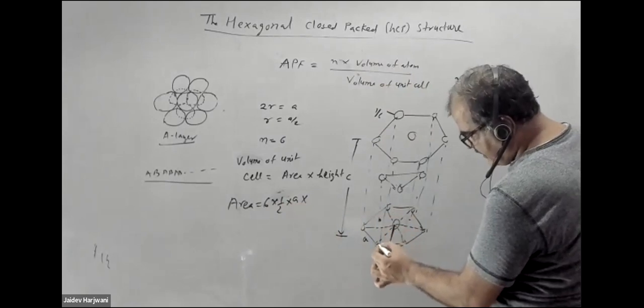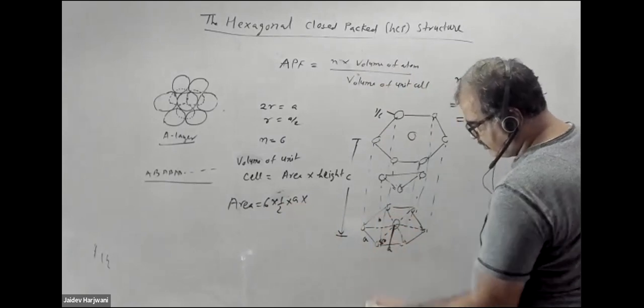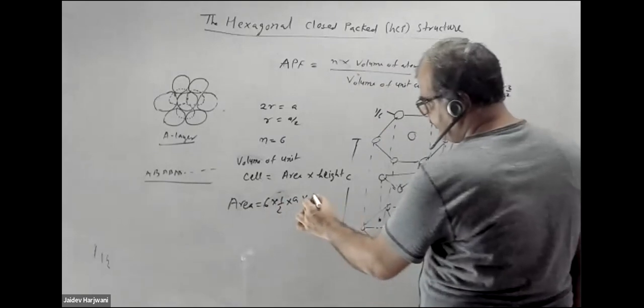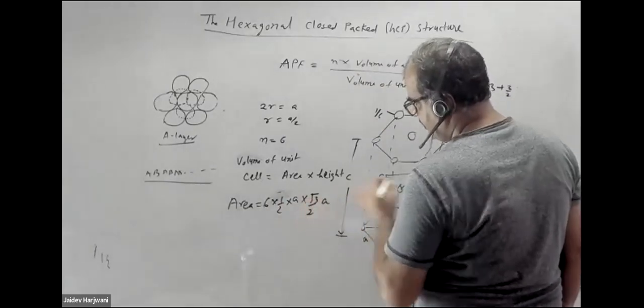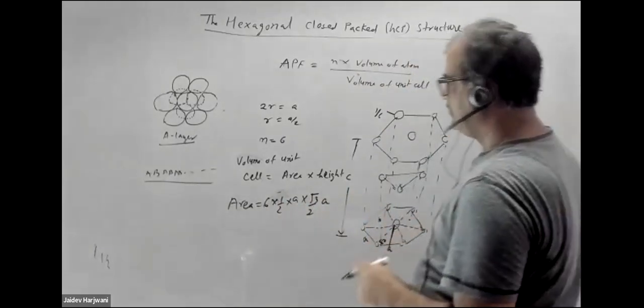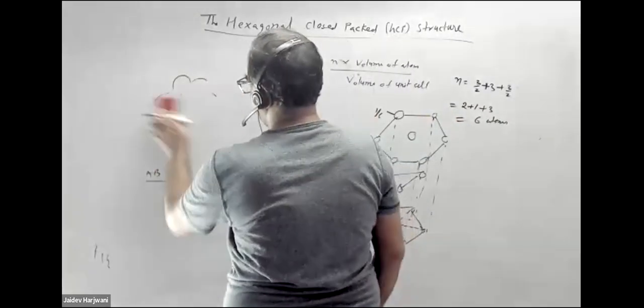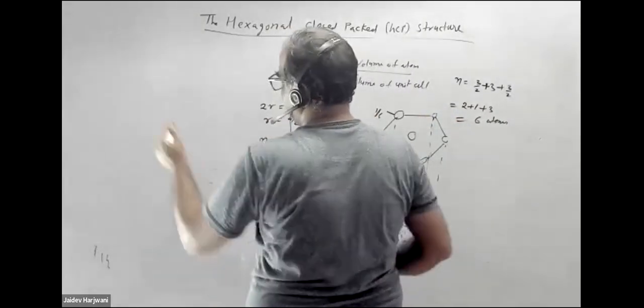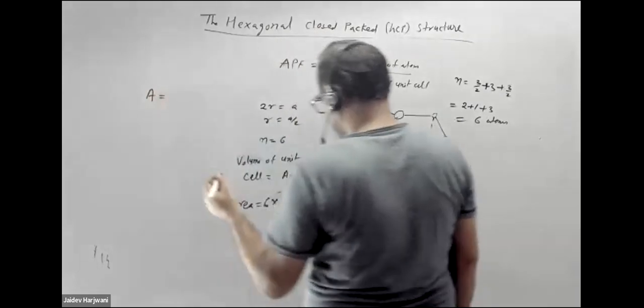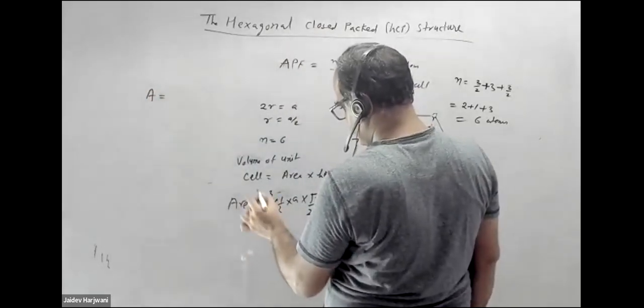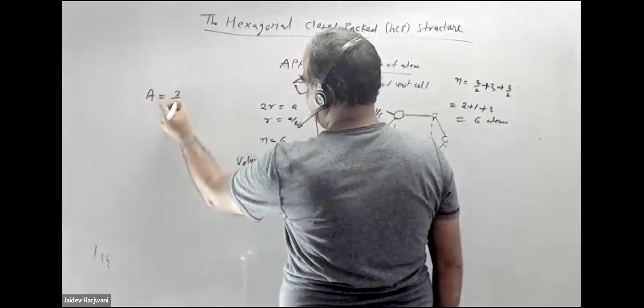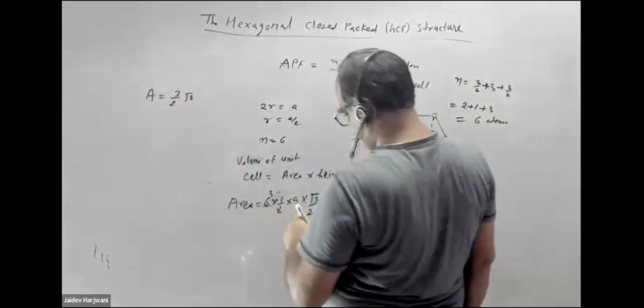This angle is 60, so how much will it come? √3/2. Okay, very good. So this is my area. If I solve, the 6 into half becomes 3, so 3/2 √3 and A square.